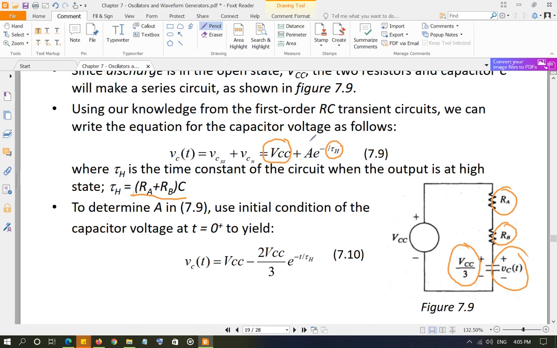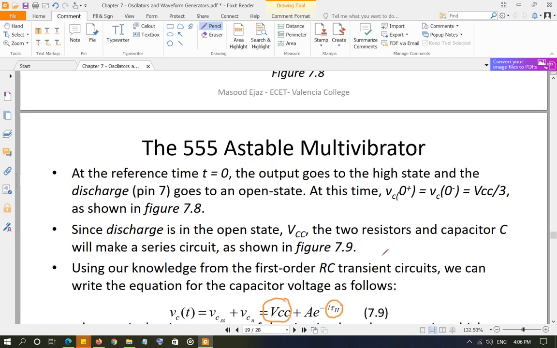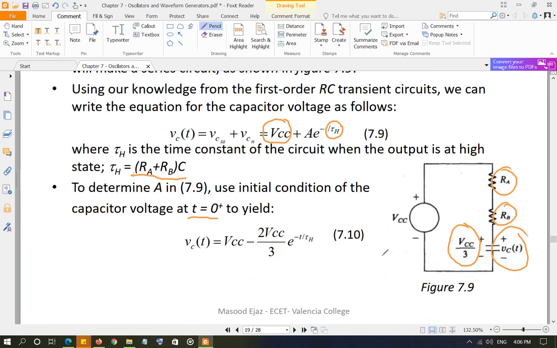So again, to find the value of A, we evaluate the capacitor voltage at the initial condition. At the initial condition, we know that the voltage across the capacitor was VCC by 3 at t equals 0 positive. So we put that in this equation, and I'm not showing you the derivation, but basically that's going to be VCC by 3 is equal to VCC plus A, using this equation right here when you put t equals 0.